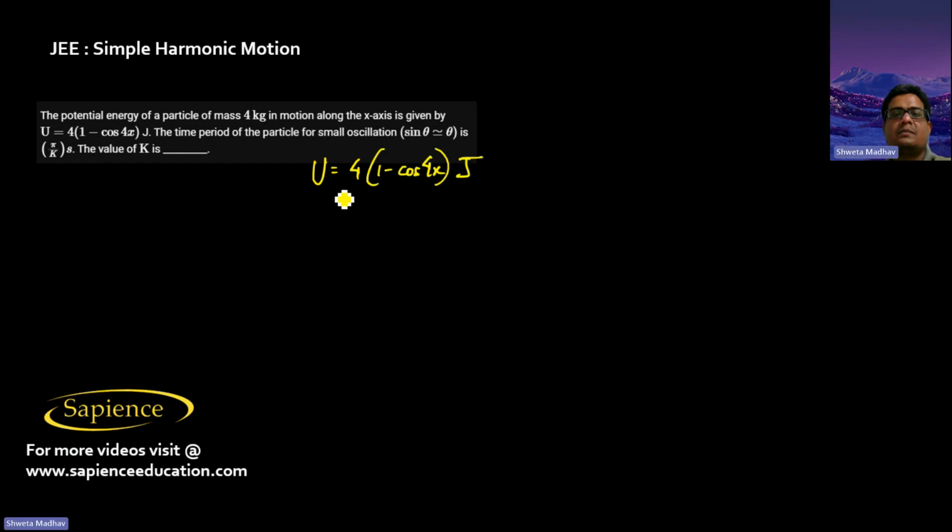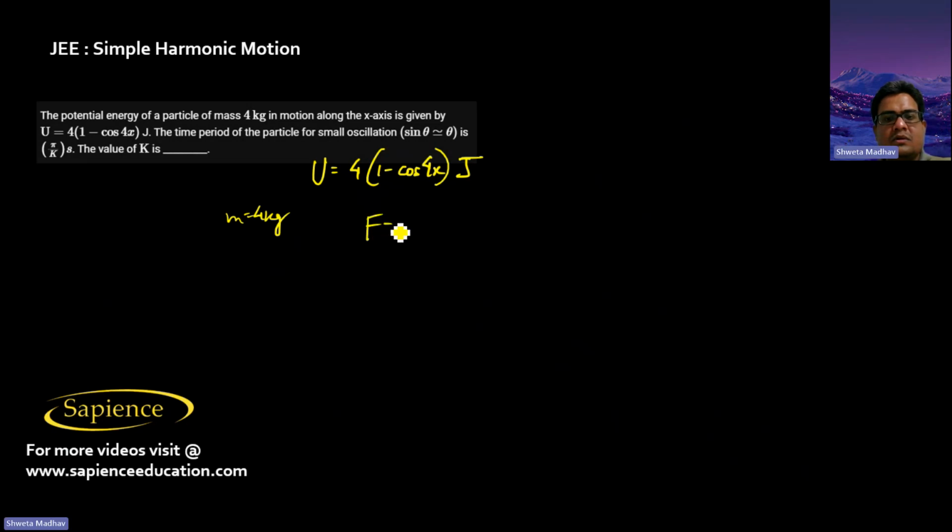The time period of the particle for small oscillations is pi by k seconds, and the value of k is. So its mass is 4 kg.